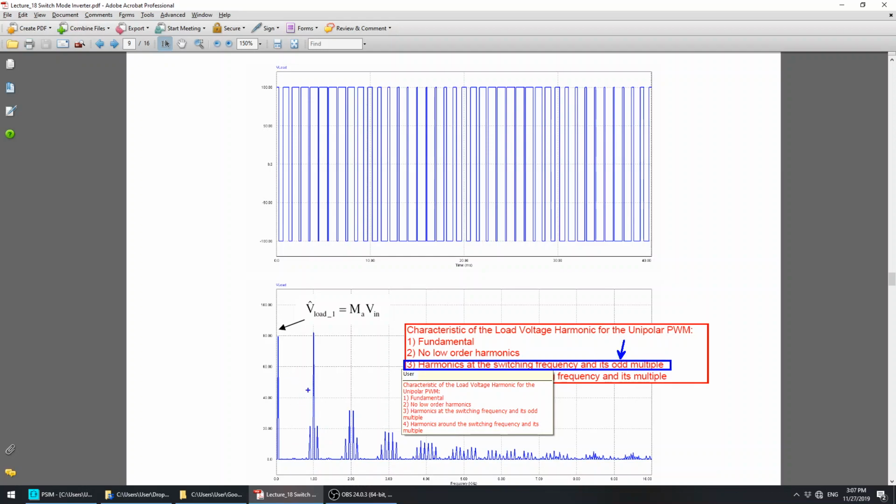So if you look at the spectrum, this is the fundamental component, and then there are no low order harmonics, only harmonics at the switching frequency. So where is it? This one.